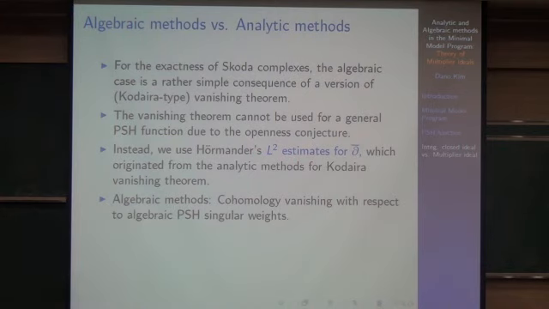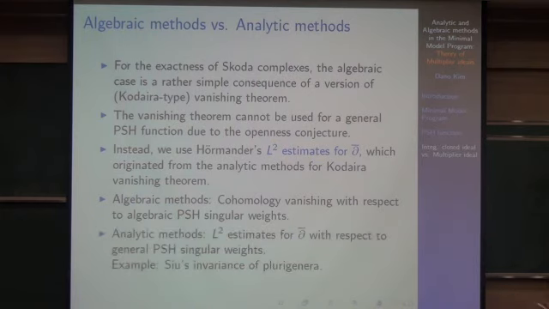Maybe I should summarize the comparison between these two terms in the title. When we said algebraic methods, it basically means cohomology vanishing, such as Kodaira or Nadel vanishing, with respect to algebraic PSH singular weights. On the other hand, in many instances, you can replace the use of vanishing by this L2 estimate for d-bar.